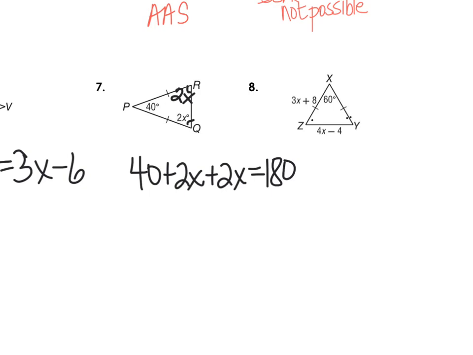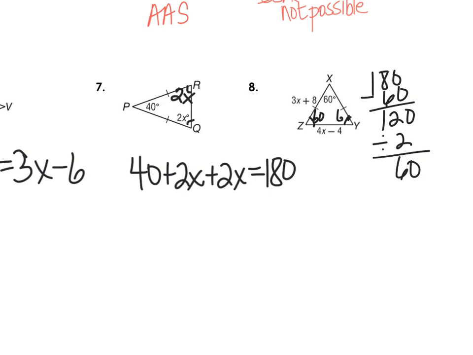So this is 180 minus 60 is 120. And then I'm going to divide that by 2 and get 60 each. So that's an equilateral, equiangular triangle. That means all three sides are also equal. And therefore, I can set my 3x plus 8 equal to 4x minus 4. And then solve.